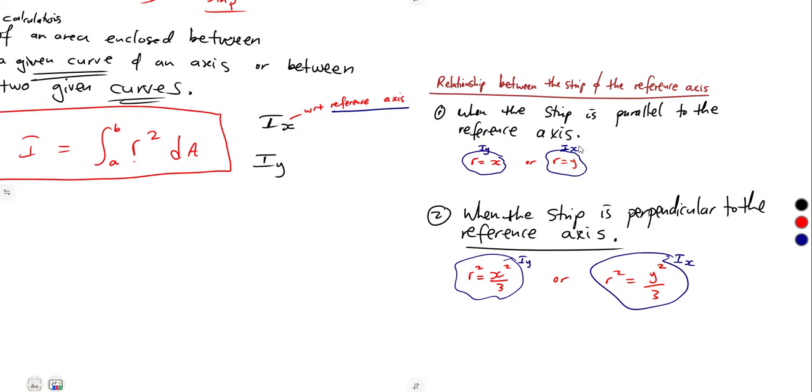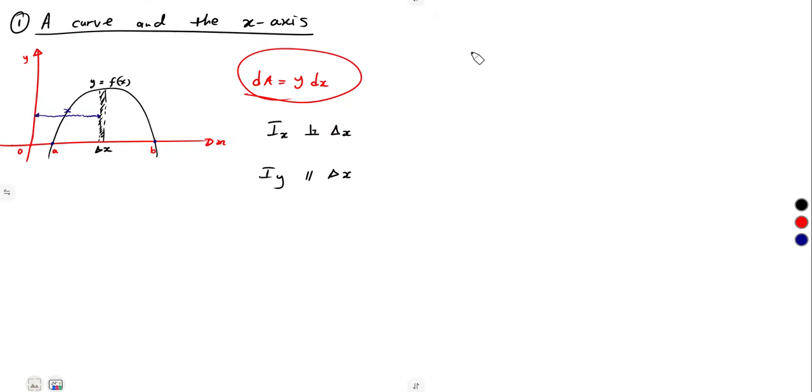From our second moment of area formula, you're going to have Ix with respect to x equal to the integral of r squared dA. This is your formula, where for r squared, you consider this part from Ix.